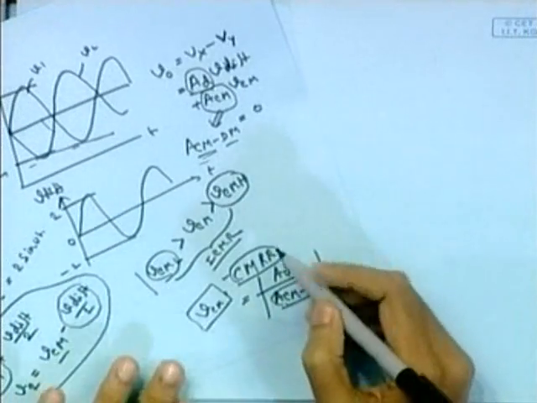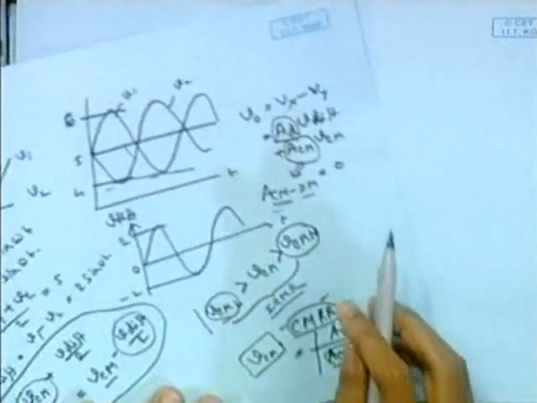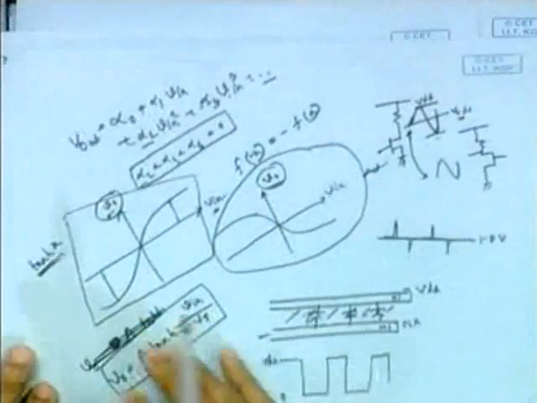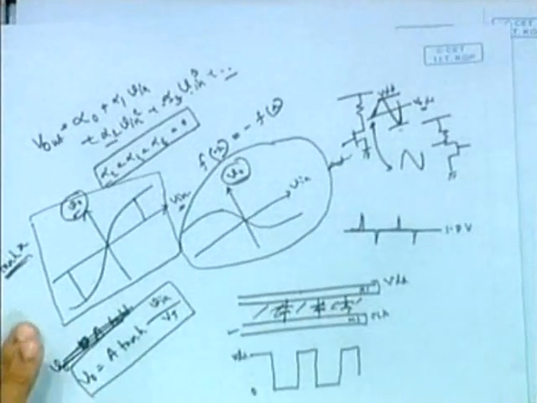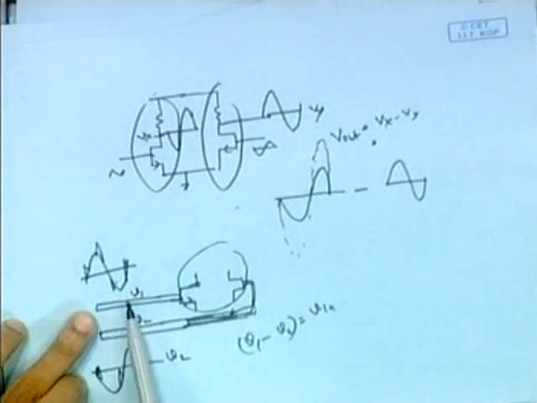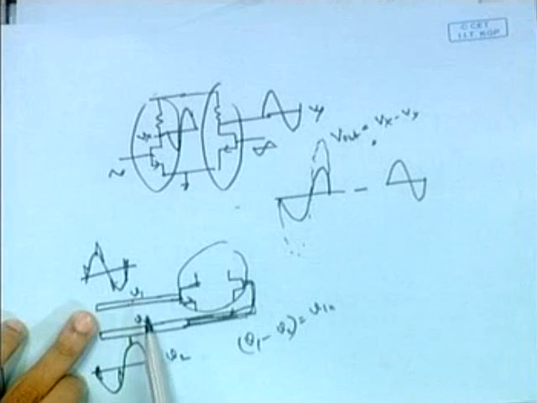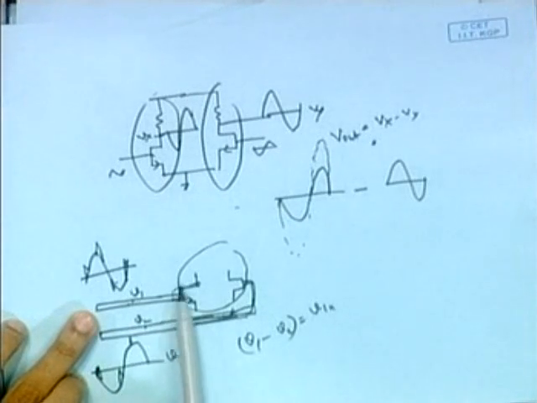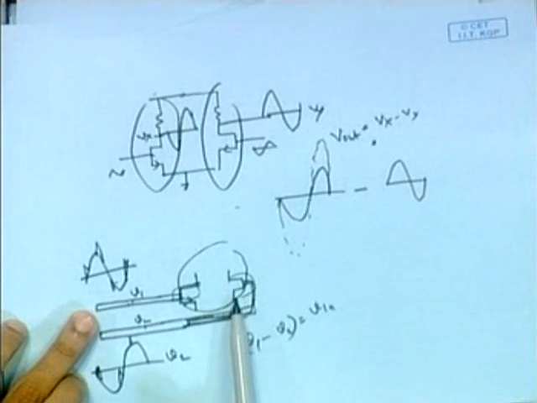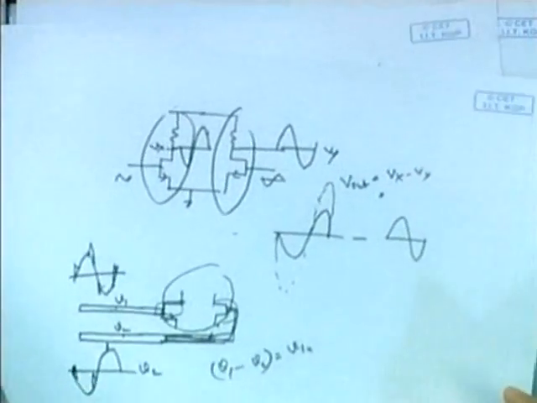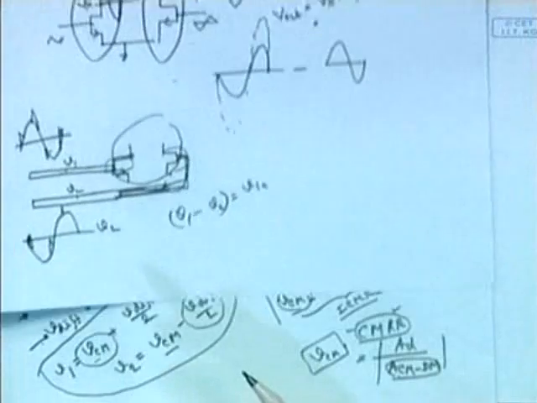Basically why we want this, because as I have shown in my earlier diagram, noise is a common mode signal, because the magnitude of induced noise in both of these lines will be the same. So they appear at the input of this transistor as well as at the input of this transistor also. So the noise acts as a common mode signal.